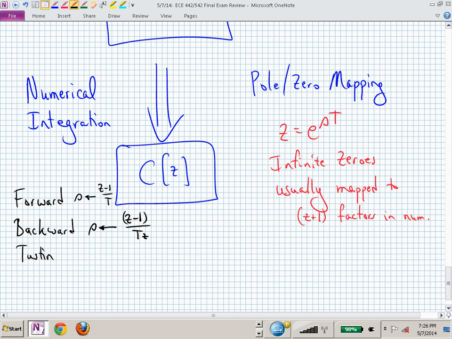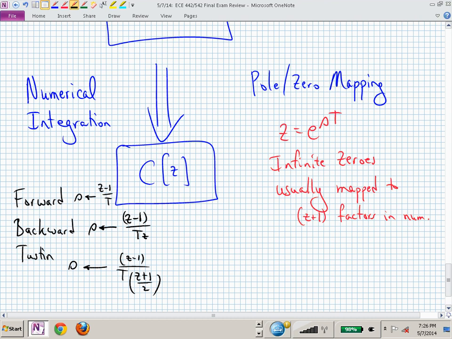And the Tustin is really just sort of an average of the two. We're replacing s, again with a z minus 1 over T, but now we have a z plus 1 over 2. And you might see this written as a 2 over T with those two ratios. But it has similar structure to the forward and the backward.